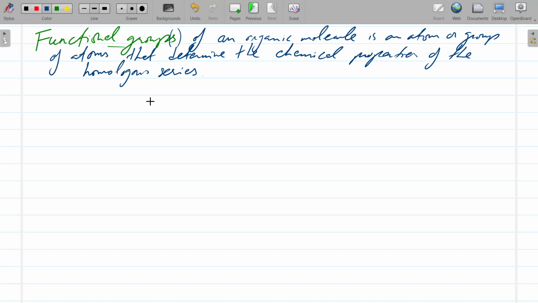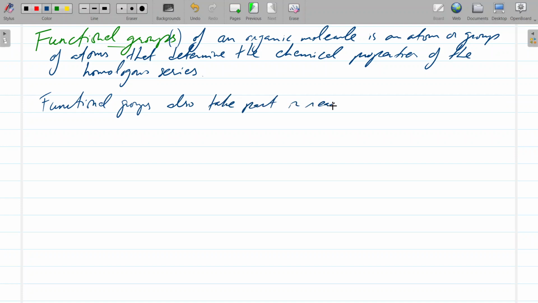Okay, so we have a lot of different organic molecules that have many different functional groups that give them different properties. These functional groups not only give them their chemical properties but also take part in the reaction.